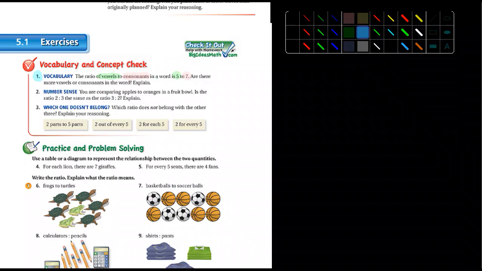Number 2, you are comparing apples to oranges in a fruit bowl. Is the ratio 2 to 3 the same as 3 to 2? That's kind of confusing because it says you're comparing apples to oranges.